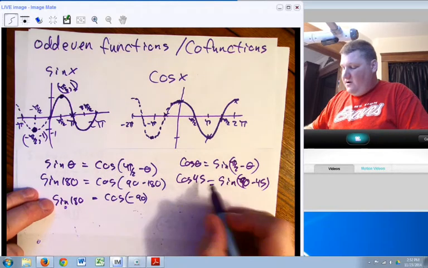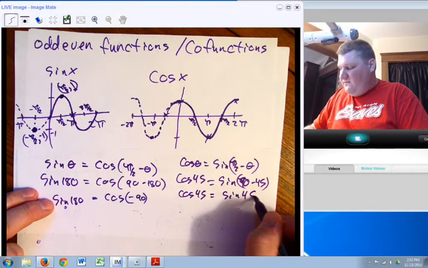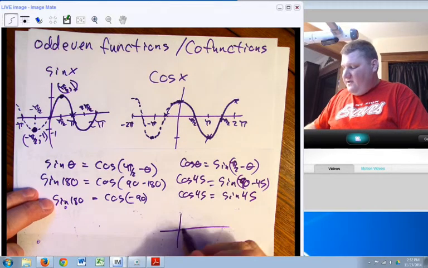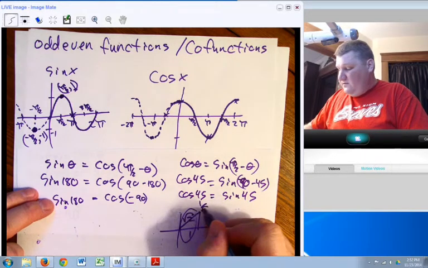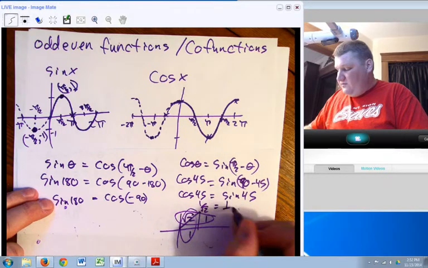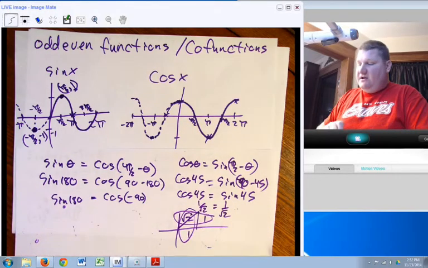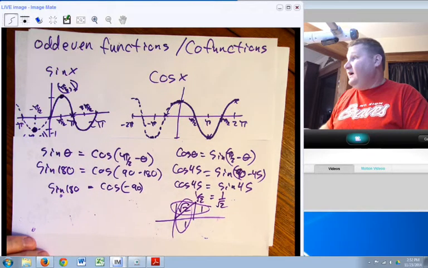So here we go, cosine 45 equals sine 45. Well, let's find out. If I have 45 degrees, I have 1, 1, root 2. Cosine is going to be 1 over root 2. Sine is also going to be 1 over root 2. They do match.